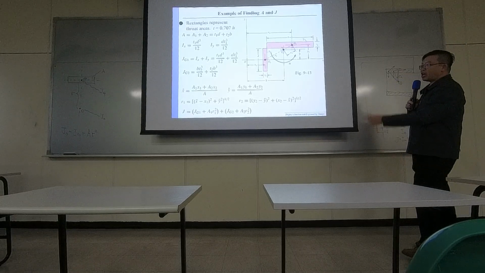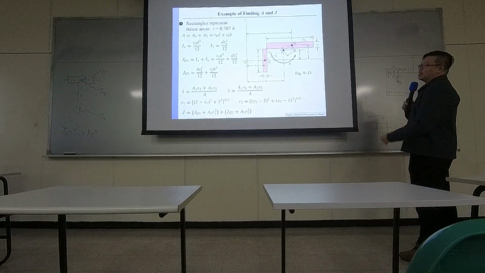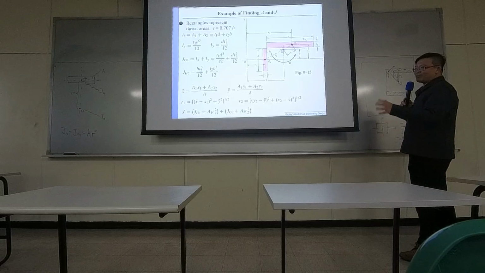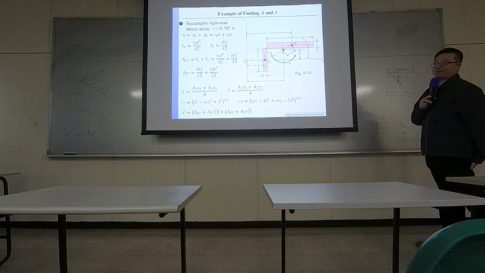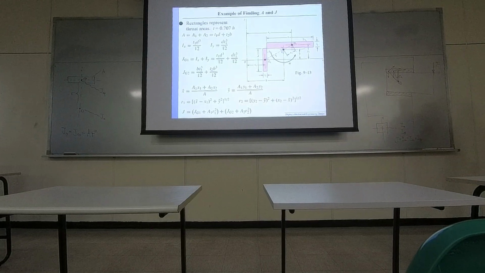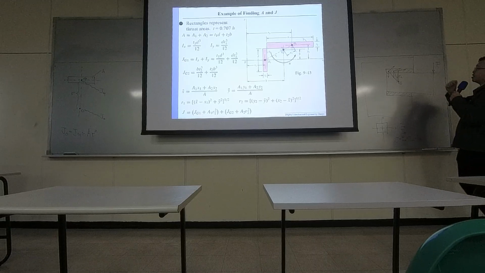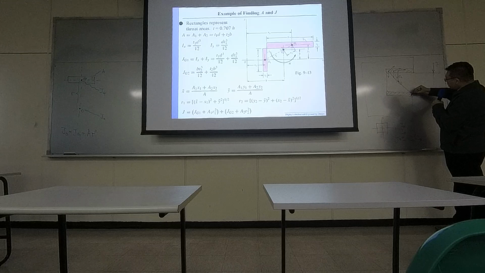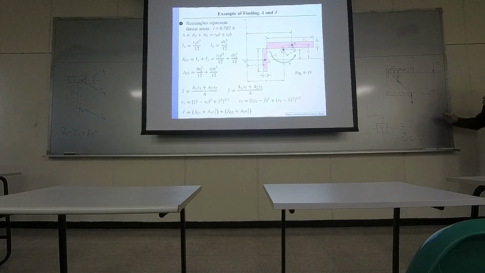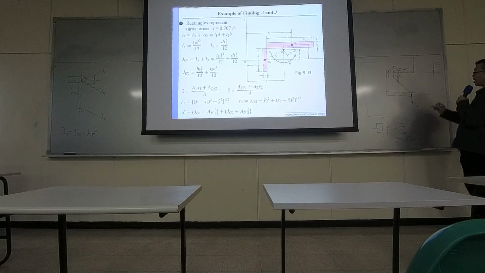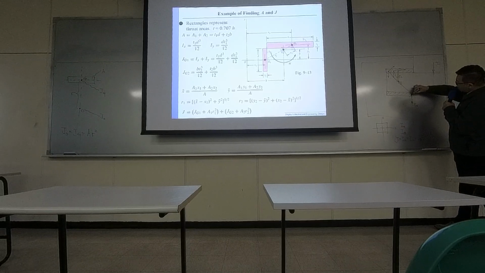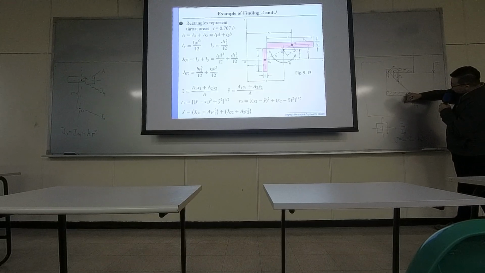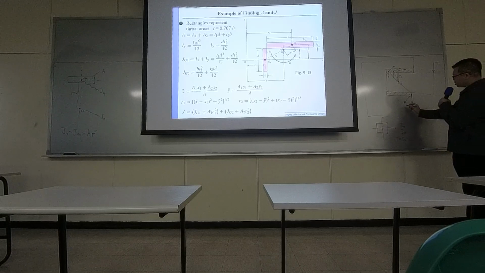Now, once you have this J, actually the most troublesome part of the whole problem is computing J. Once you have that, you can investigate any particular point. You will have a normal shearing stress, and you will have a rotational shear.